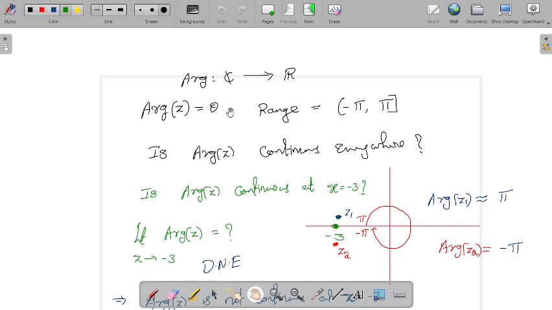So we observed that when you take log z, it is actually one to many, but we don't feel comfortable with a one to many function, right? So if you want to discuss continuity, differentiability and all, first you make it one to one. Even many to one is fine, but we shouldn't have one to many.